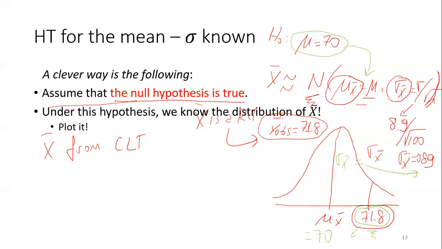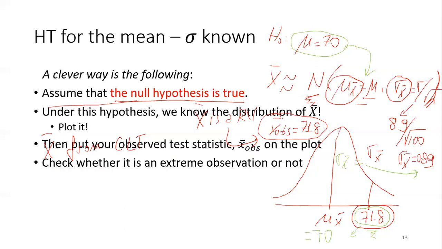Under this conjecture, I plotted the distribution of X bar, but it turns out that under this distribution, observing 71.8 has a very low probability. Hence, since 71.8 is my observed data, I suspect your conjecture. Hence, I reject the hypothesis. This is what we will do.